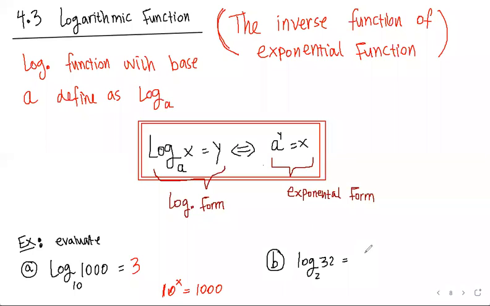Same thing here. I put x and I ask myself, 2 to which power gives me 32? 2 to the 1 gives me 2, not 32. 2 to the 2 gives me 4, not 32. I keep continuing until 5. 2 to the 5 gives me 32. So the answer here is 5.